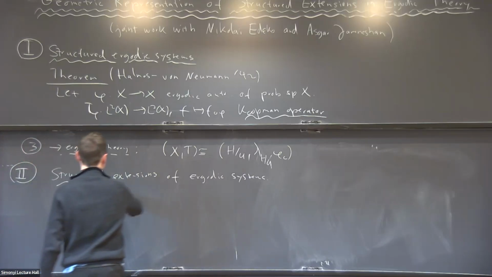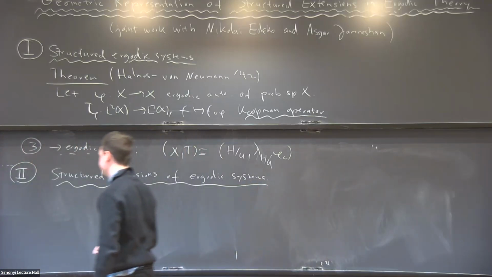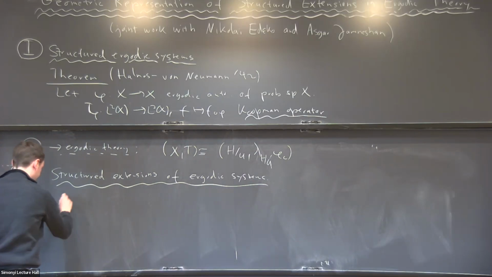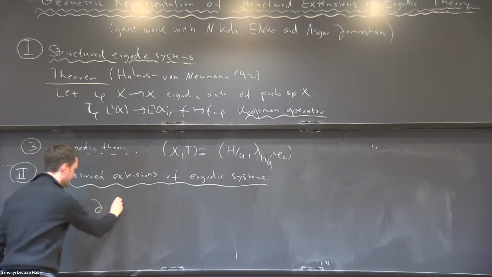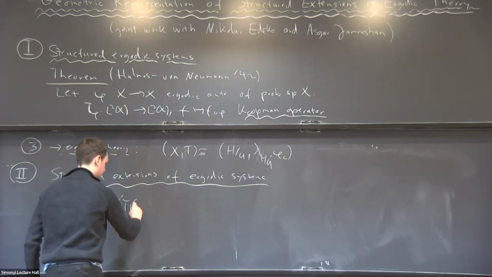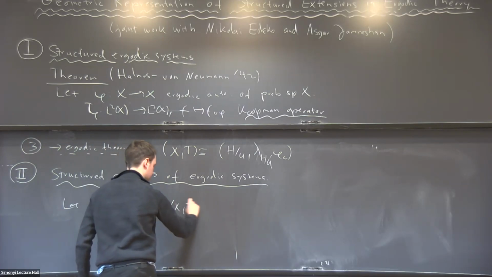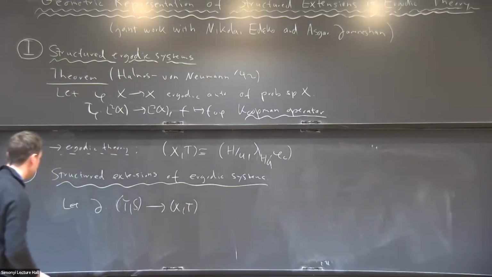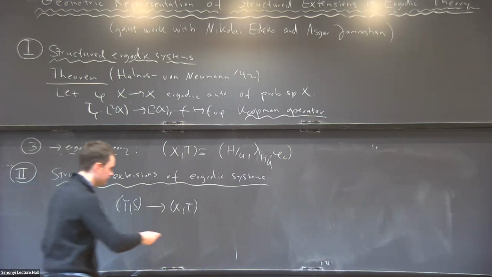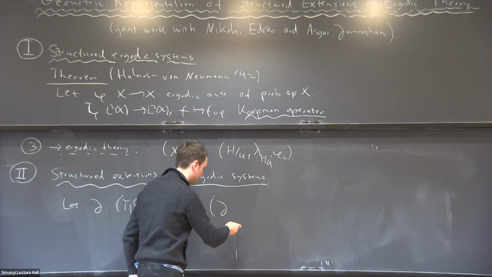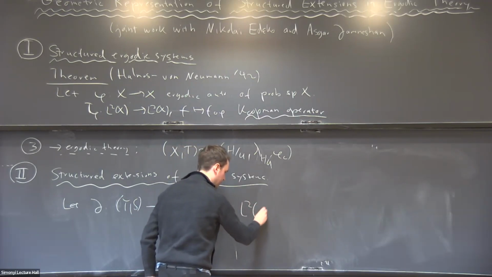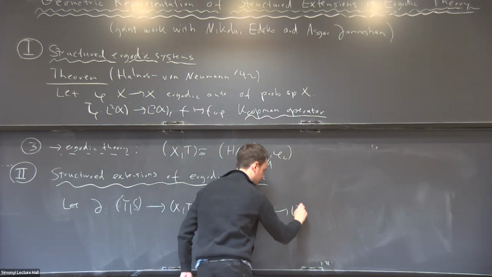Okay, so now turn to the case of extensions. We have just repeated what an extension is, so we now start from an extension, and let me say what it means for this extension to be structured. We once again observe that J is an embedding of an L2 space into the other L2 space.